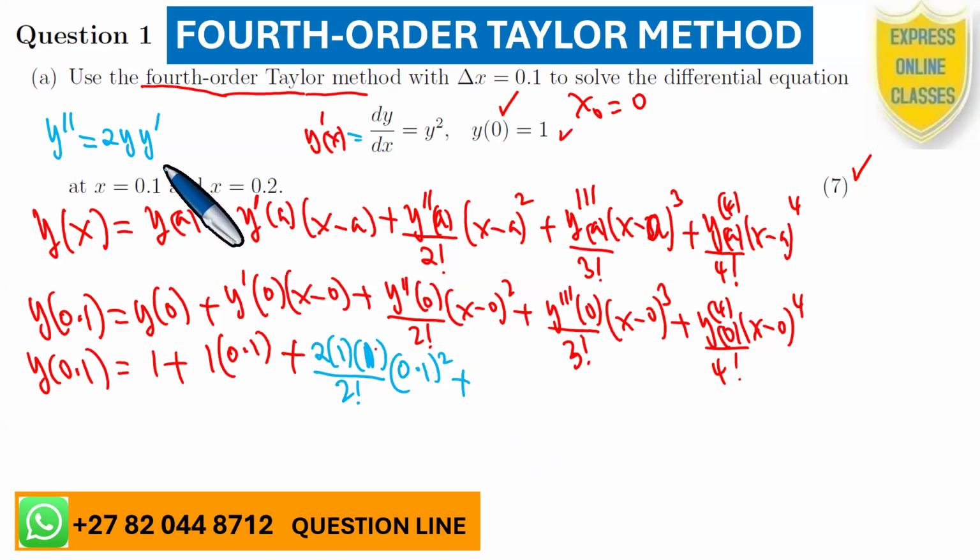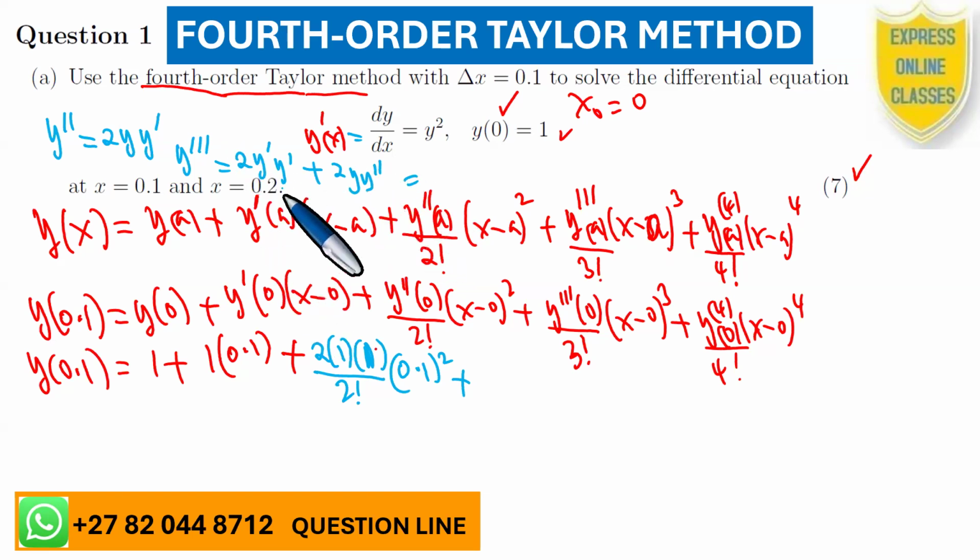So let's do the third derivative, y triple primed. What would y triple primed be? It would be 2y primed y. So to find y triple primed, you find the derivative of this one, and then after you find the derivative of this one, you multiply with this. And then you have 2y, then you find the derivative of the next one.